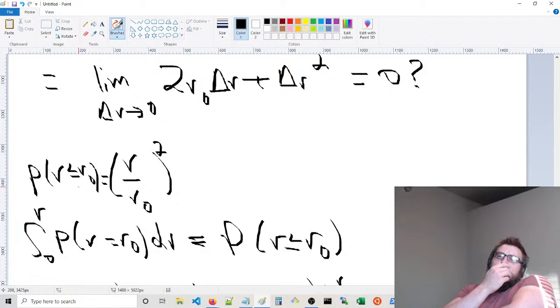So confusing. The probability that a given r radius is less than or equal to some r sub 0 is r over r sub 0 squared. Does that make any sense?